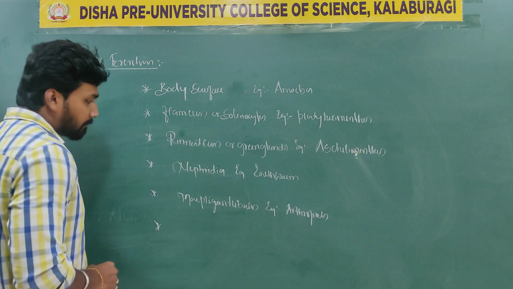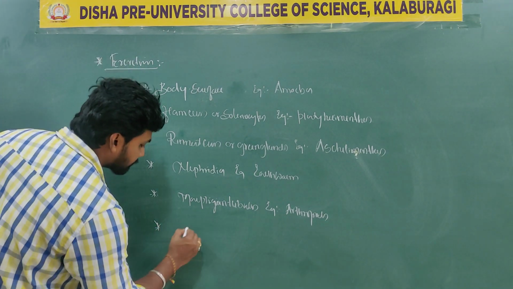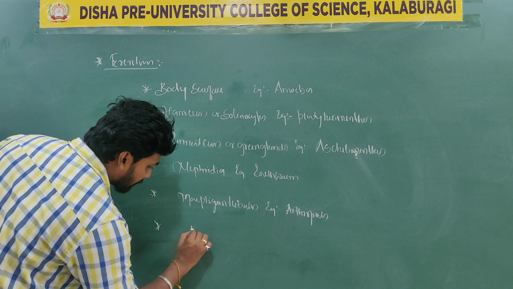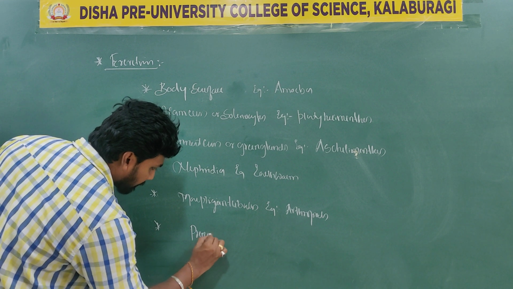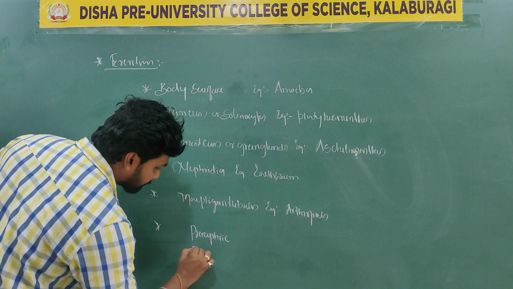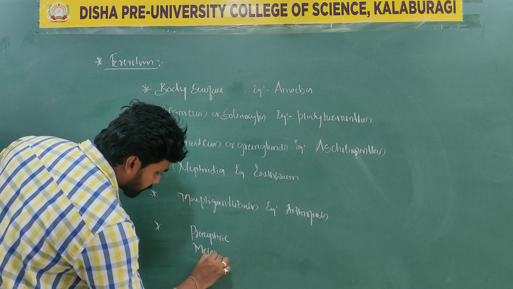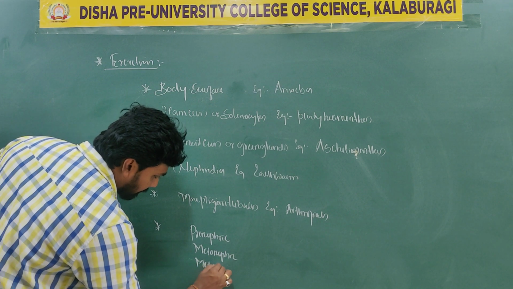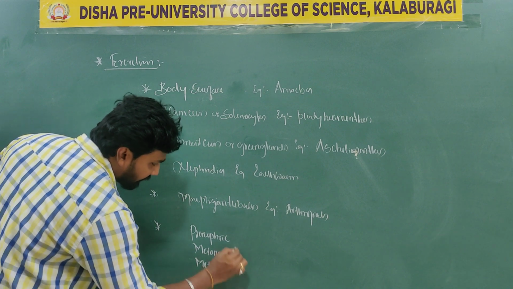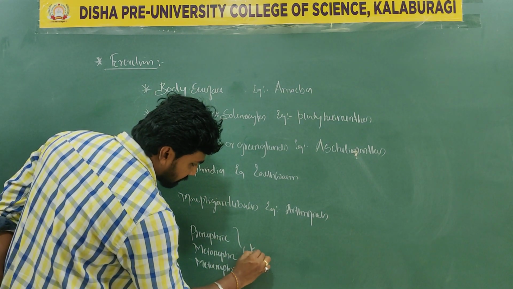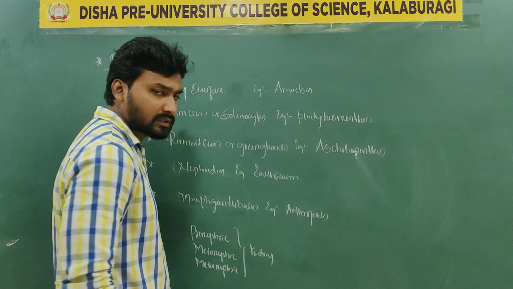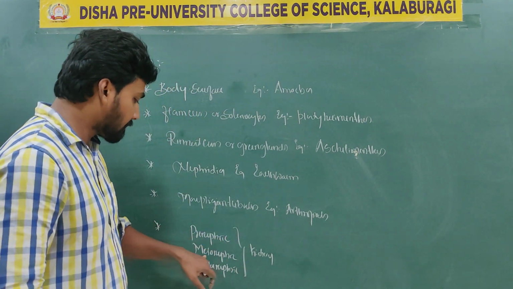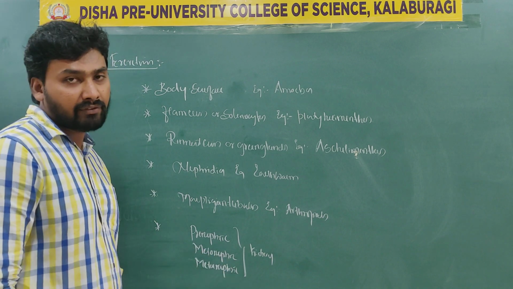Some organisms have pronephric, mesonephric and metanephric kidneys.